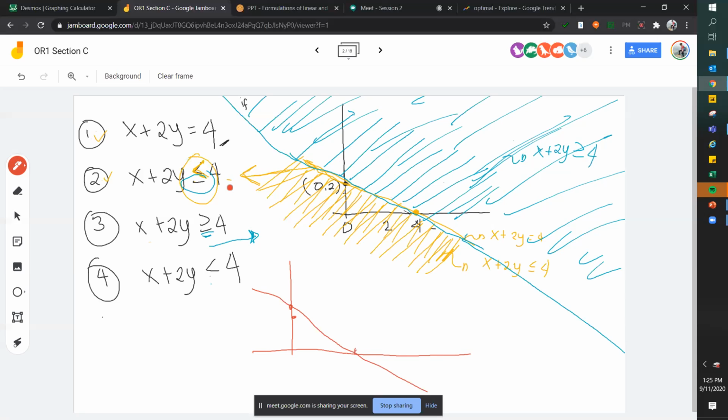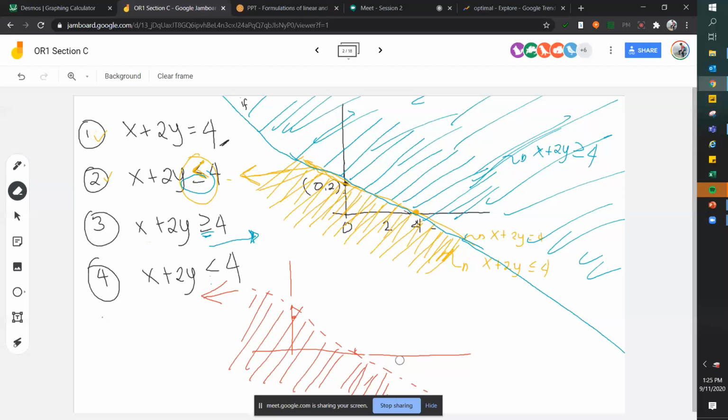Tapos, papagana na. Tama po ba? Kasi yung arrow, parang papaganan yung arrow. Malinaw. Ngayon, sabi ni Sir, bungi-bungi daw. So, parang ganito ang itsura nung line. Okay, ano ibig sabihin yan ngayon?